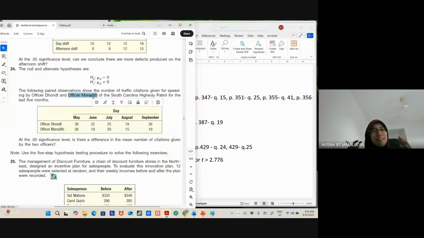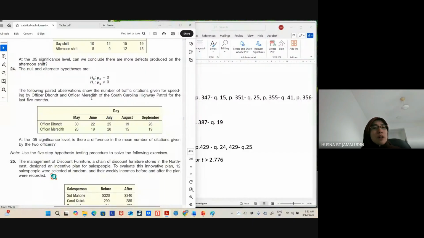So you have two officers, so this is an example of a two sample hypothesis. You might say these are two different officers, like the sales staff and the audit staff. But remember, they tell you this is the paired observation, so this should be dependent. And they also give you the hypothesis for mean difference. So this is another indicator that this is dependent.